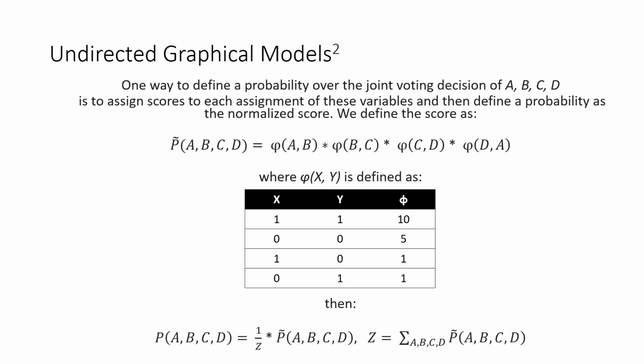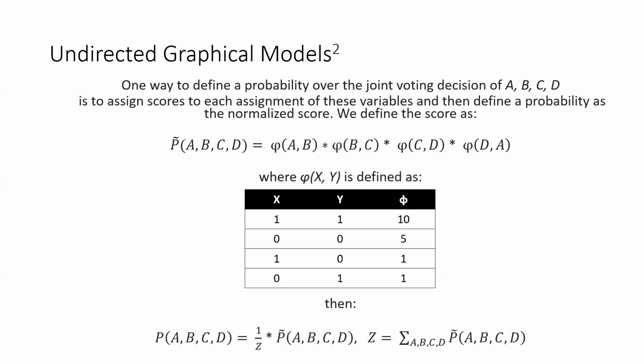So, for example, let's take the case of Alice and Bob. This potential function has two random variables, and each one has two values. So we have to create 4 combinations: 1,1; 1,0; 0,1; 0,0.